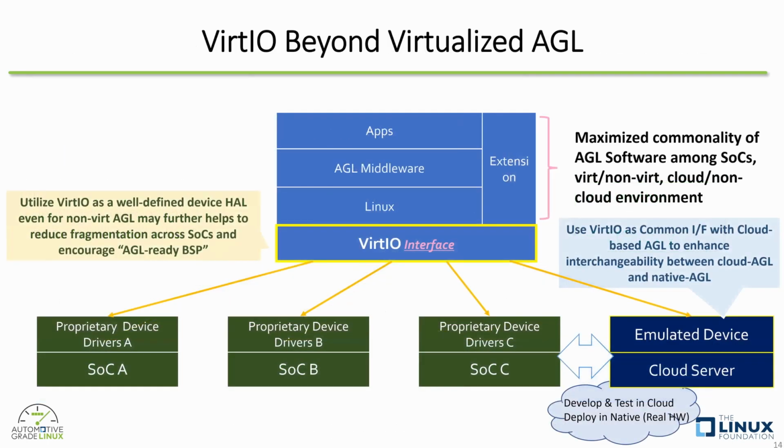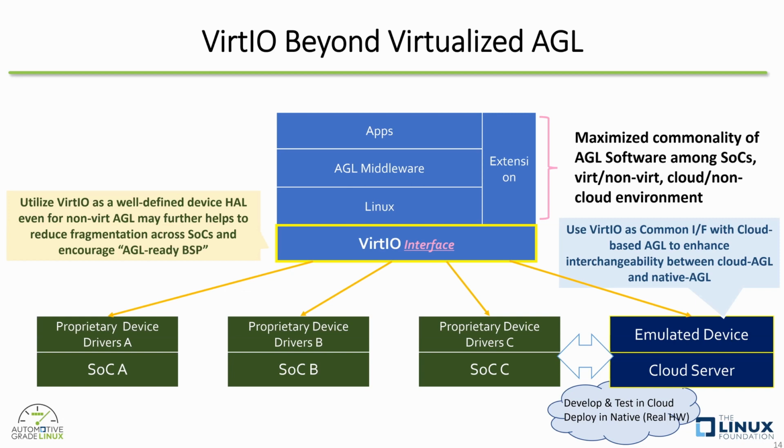Moreover, beyond virtualized AGL, we also consider applying VirtIO as a well-defined device hardware abstraction layer, even for non-hypervisor AGL, which may further help to reduce fragmentation across the SOCs and encourage AGL-ready BSPs to be ready to use.